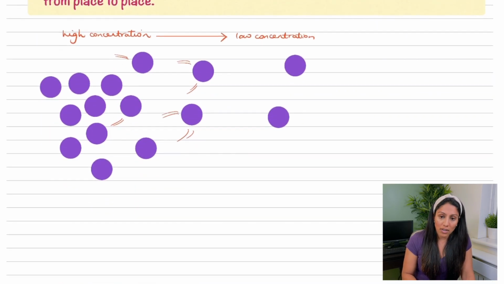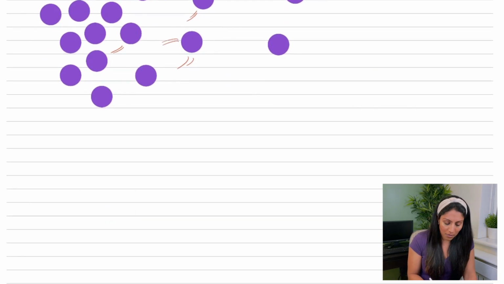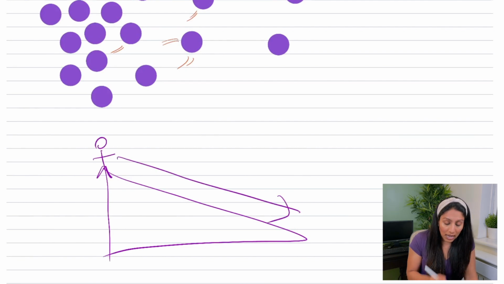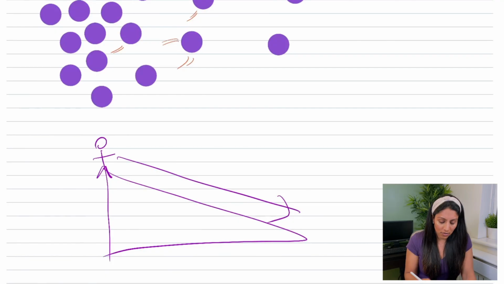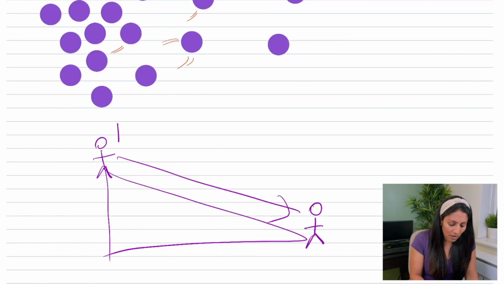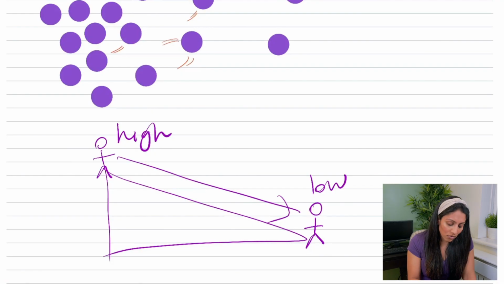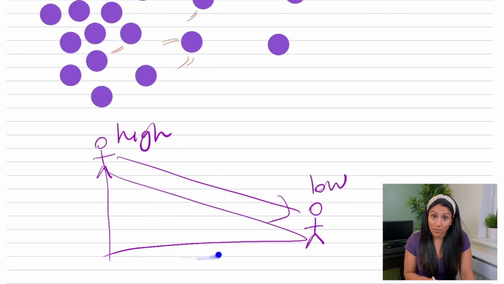A concentration gradient I can show you is like a slide. Imagine you're sitting at the top of this slide and you really want to go down this concentration gradient to get to the bottom. So you're at a high point over here and you're going to a low point. Diffusion is in the same way. It happens at a high concentration, which is at the top of the slide, and it goes down the concentration gradient, down the slide, to an area of low concentration.